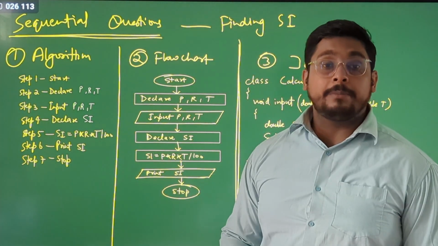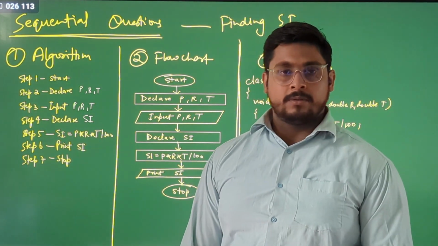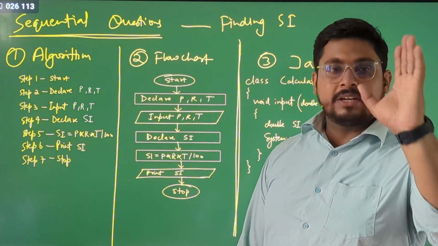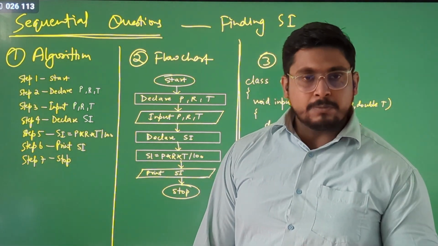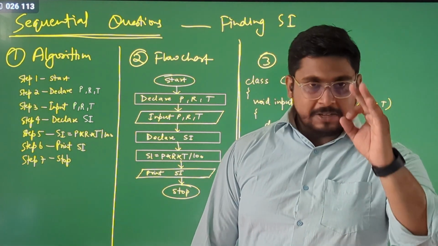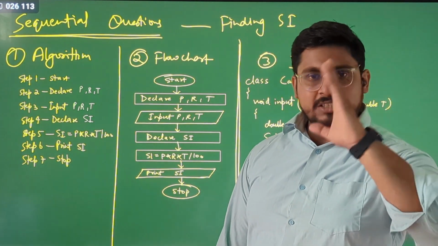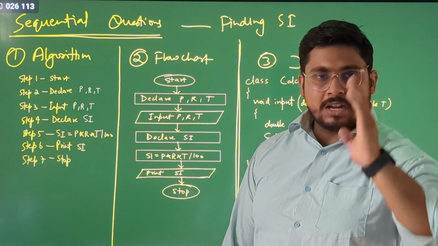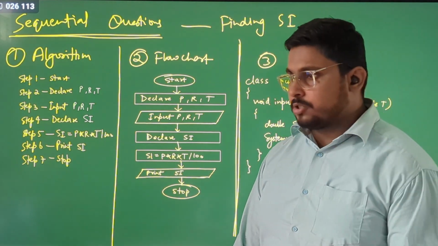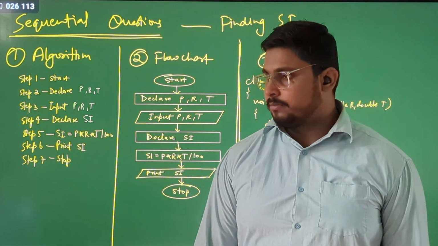Means we declared it. हमने घोषणा किया इस बात का कि हम इस प्रोग्राम में प्रिंसिपल को कैपिटल पी से डिनोट करेंगे. हम इस प्रोग्राम में रेट को कैपिटल आर से डिनोट करेंगे. हम इस प्रोग्राम में टाइम को कैपिटल टी से डिनोट करेंगे. मैं यह घोषणा करता हूं कि मैं सिंपल इंटरेस्ट को इस प्रोग्राम में कैपिटल एस और कैपिटल आई से डिनोट करूंगा.